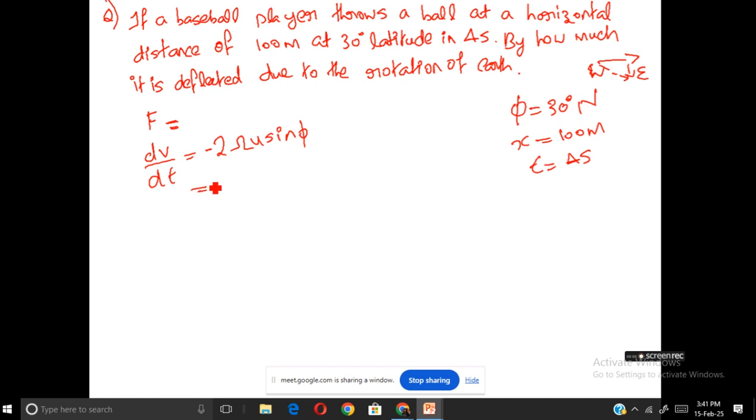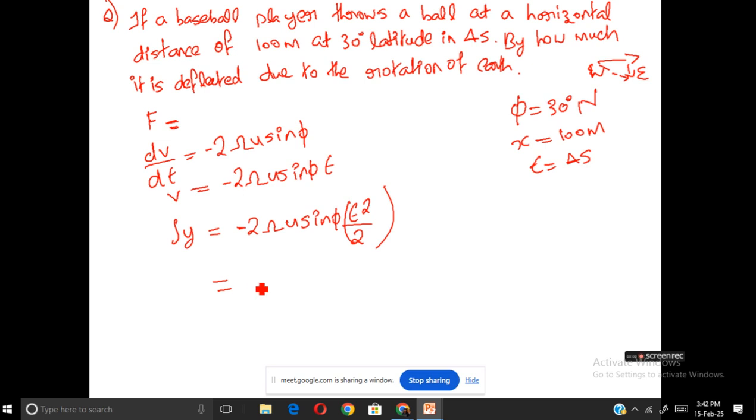If we integrate it, v is equal to minus 2 omega u sine phi into t, and the deflection delta y will be minus 2 omega u sine phi into t squared by 2.